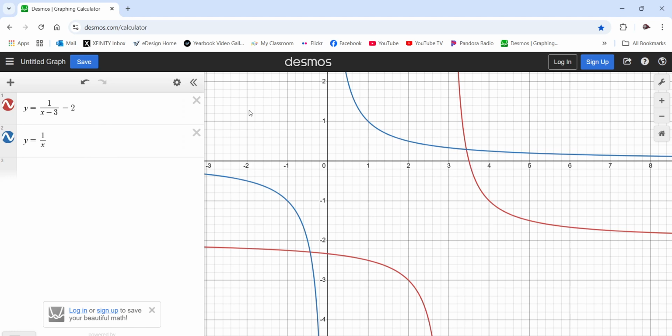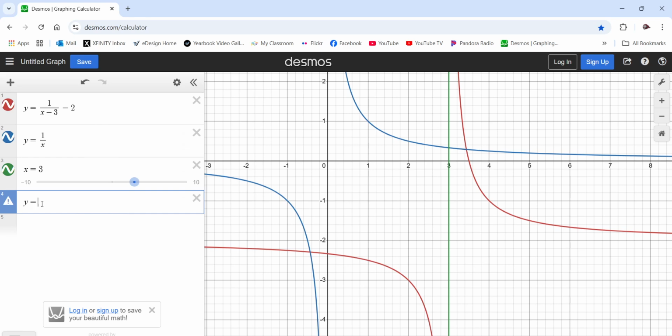But where's the horizontal asymptote? I wish I could drag down a line, but I could say x equals 3, and then I could also say y equals what?